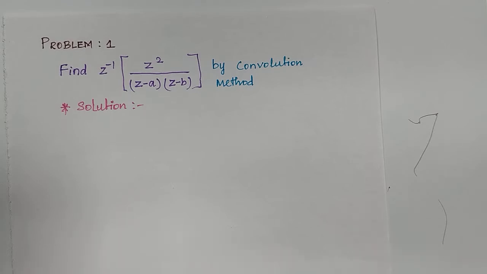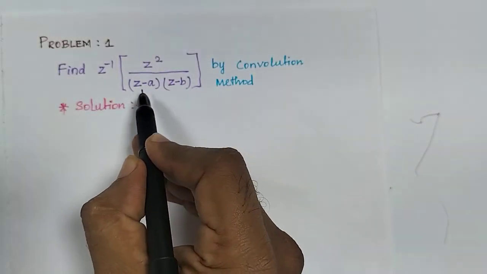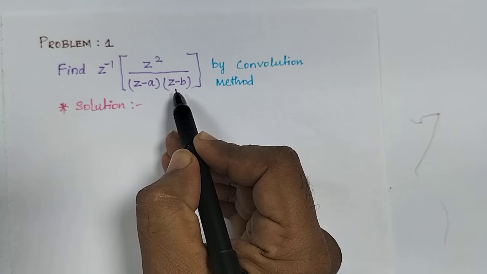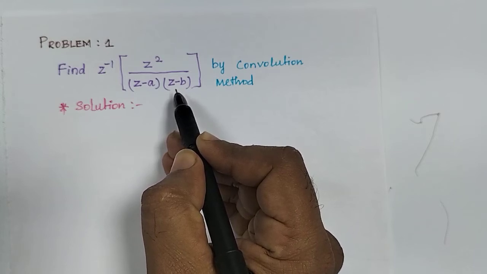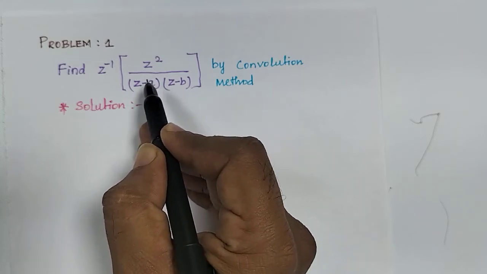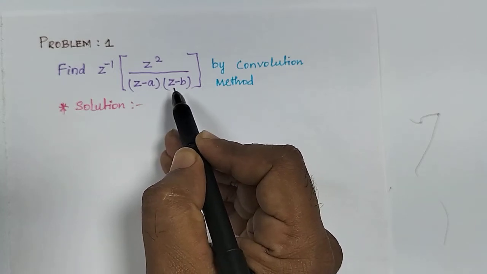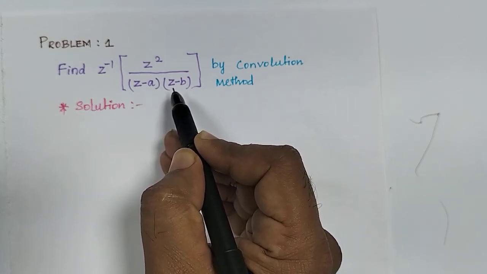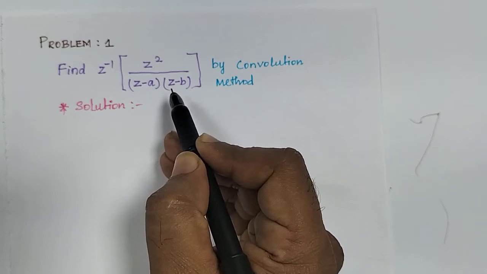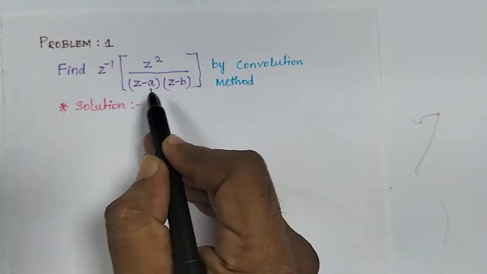But here you will have one problem. What is it? This z square divided by z minus a into z minus b. You should understand how to split this term. According to our formula, Z transform of a power n is equal to z divided by z minus a, so we have to split this term accordingly.